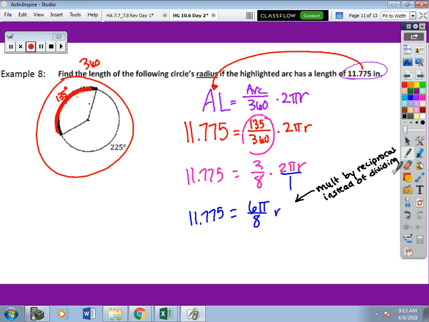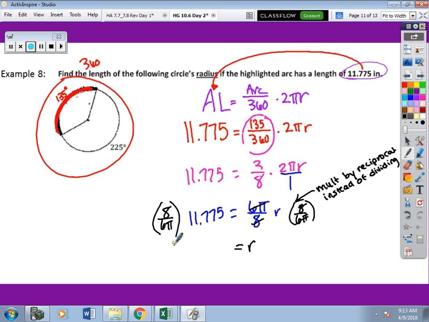If you divide by 6 pi eighths, you're going to have a fraction within a fraction, which is just really messy. So the reciprocal of 6 pi over 8 would be 8 over 6 pi. The reason we choose the reciprocal is because then everything undoes one another and cancels out, leaving us with the radius. Now what you do to this side, you have to do to this side. So on this side I have to multiply by 8 divided by 6 pi.